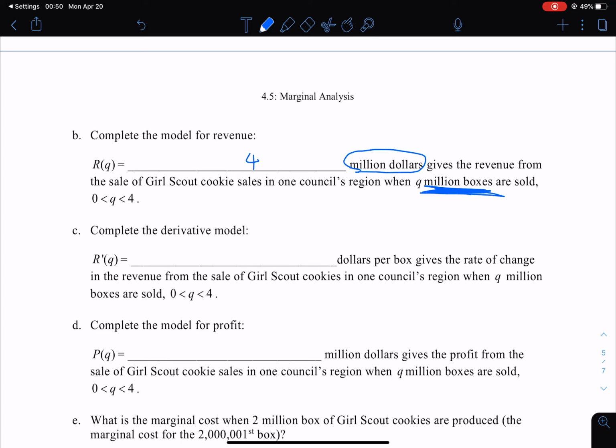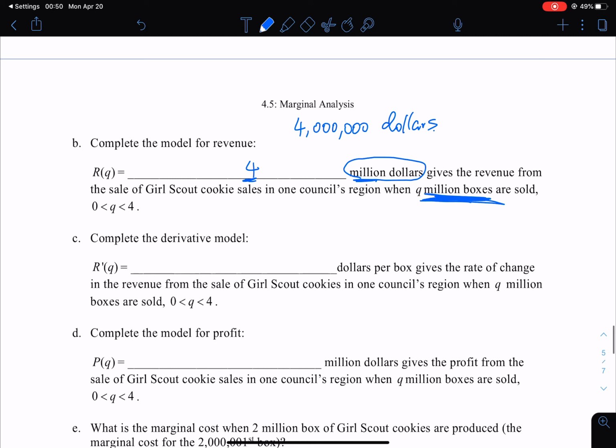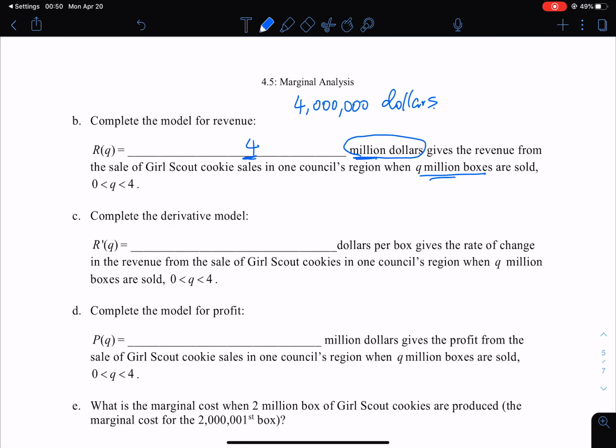We have different ways. This is the first way, 4, and the unit is $1 million, and the second way is 4 million, and the unit is dollars. Both ways work, but pay attention that the input variable is just the million boxes. So $4 per box, just $4 million. And C, complete the derivative model.